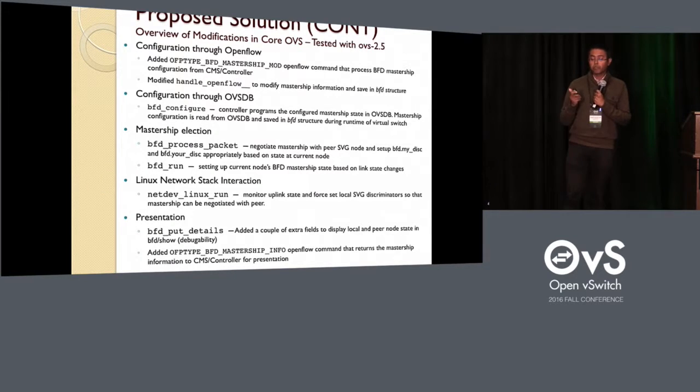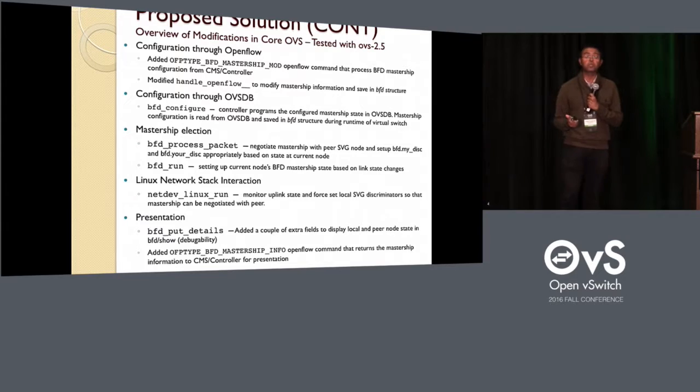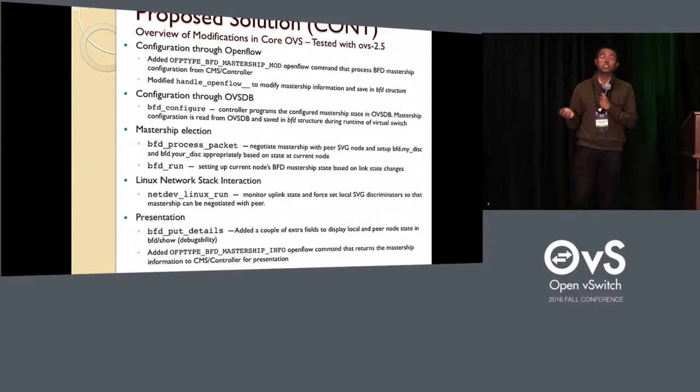With about 400 lines of code change in libbfd of OVS, we were able to implement the heartbeat negotiation and mastership. Whatever we modified is listed here. Primarily, we get the configuration through OpenFlow commands of which port is the master, and we could also do it through OVSDB.